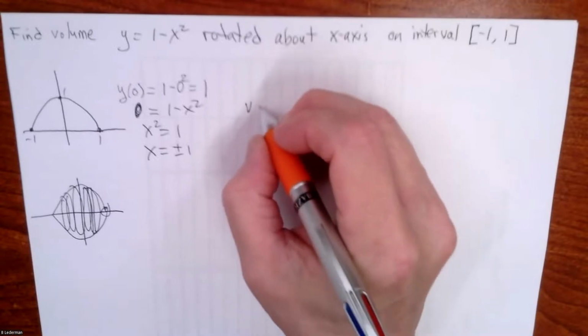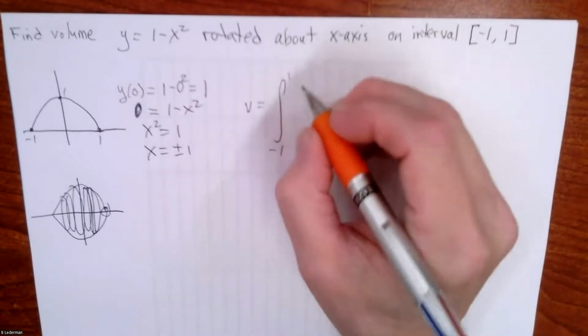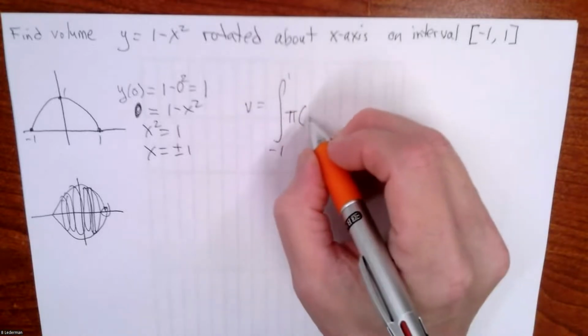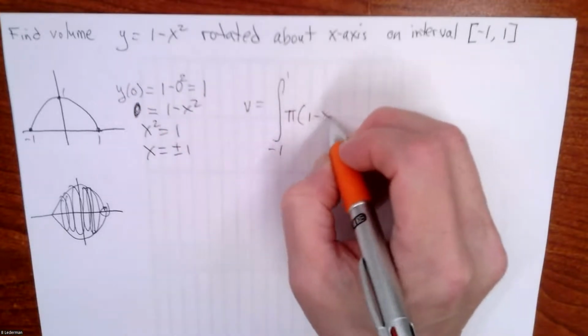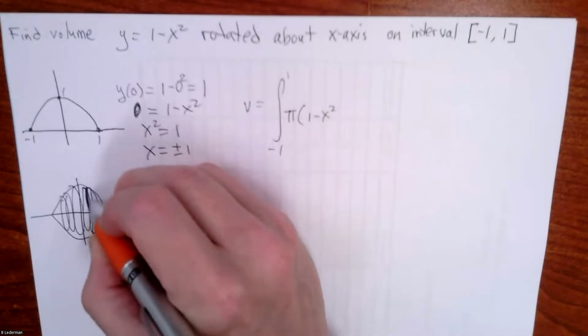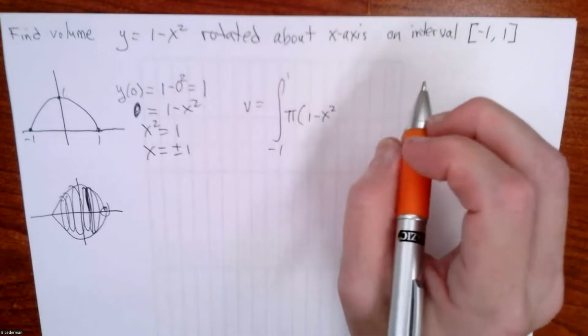So the volume is going to be equal to the integral as x goes from -1 to +1 of pi times r squared. The radius is just a function. So it's 1 minus x squared, because at any given x, the radius is 1 minus x squared.